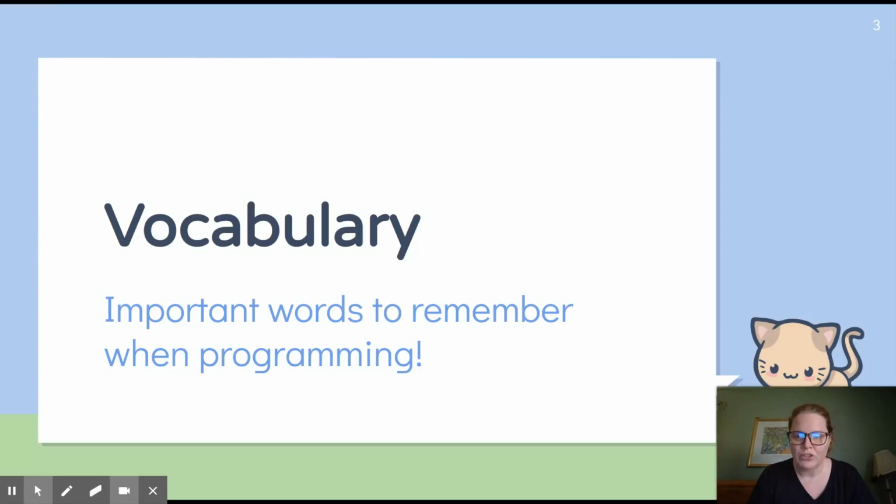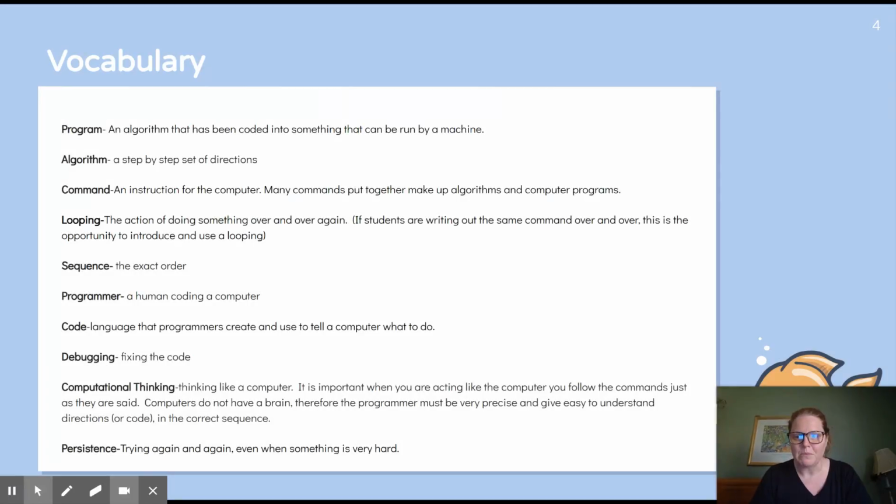Okay. So, important words to remember when you're programming. First, you have the program. A program is an algorithm that has been coded into something that can be run by a machine, just like a computer. A computer runs on programs. An algorithm is just like step-by-step directions.